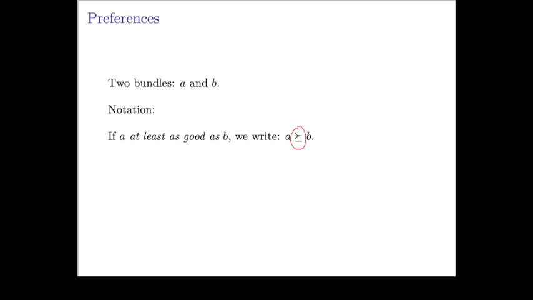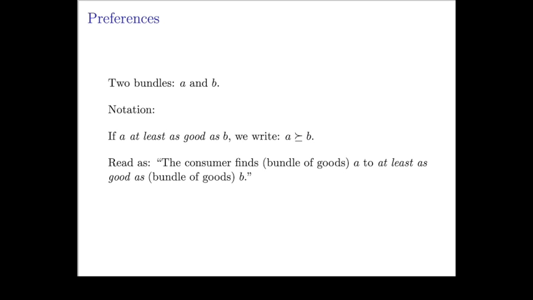So we're going to use this symbol to mean that A is in the preferences of this consumer at least as good as bundle B. So you would read this to say that the consumer finds A to be at least as good as bundle B. So like I said, you want to think of this quite a bit like you think of the greater than or equal to sign.